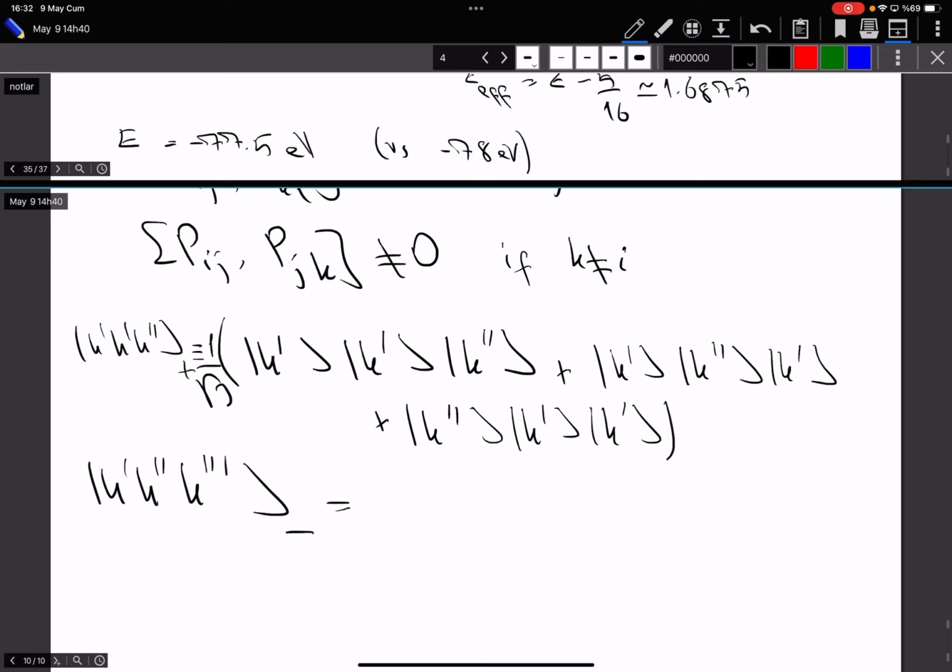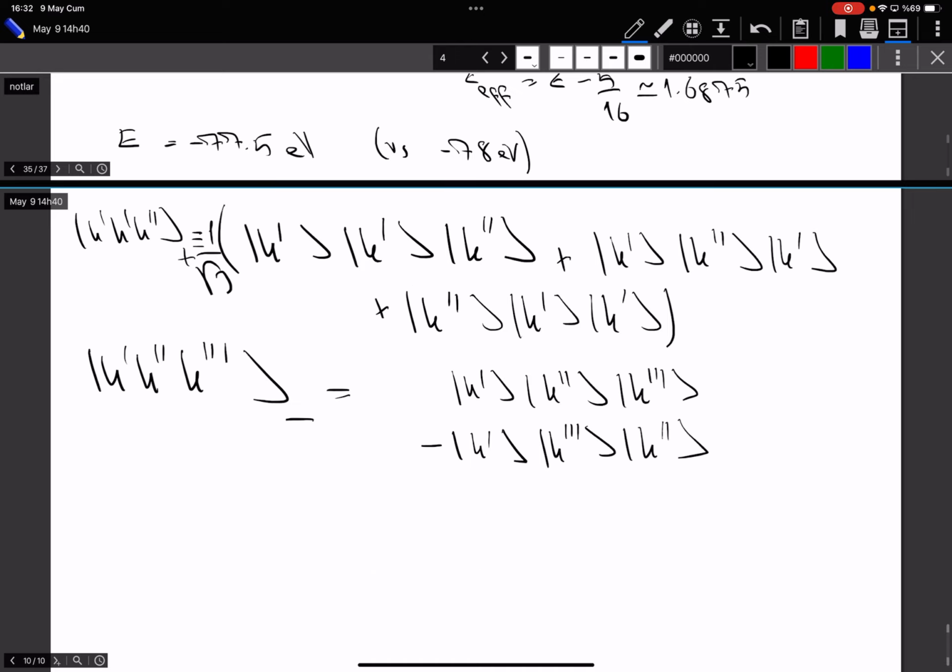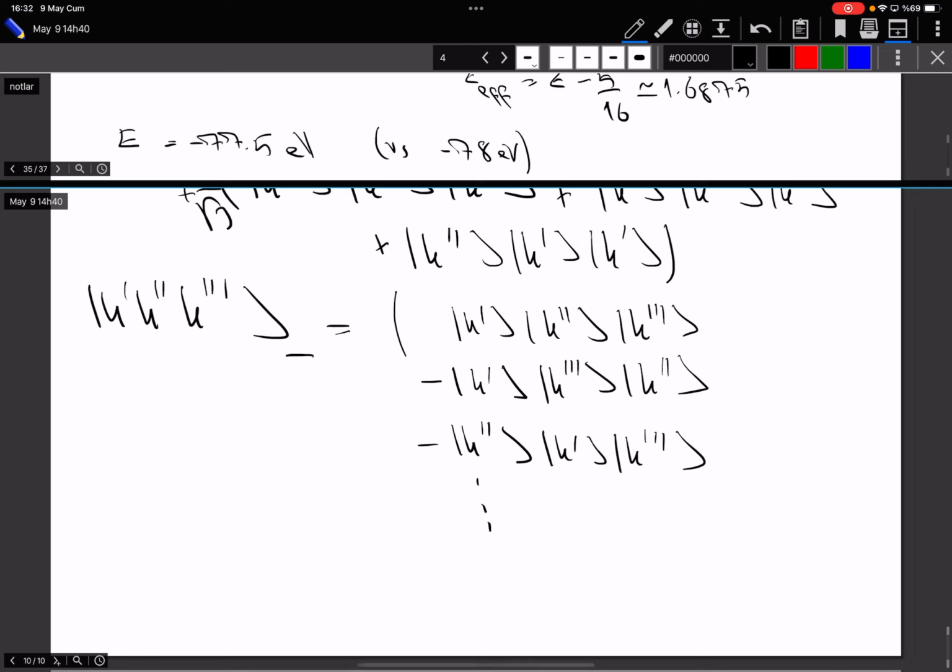So this will be k prime, k double prime, k triple prime, minus k double prime, k prime, k triple prime, etc. Normalization will be 1 over square root of 6, because I will have six separate terms, 3 factorial.